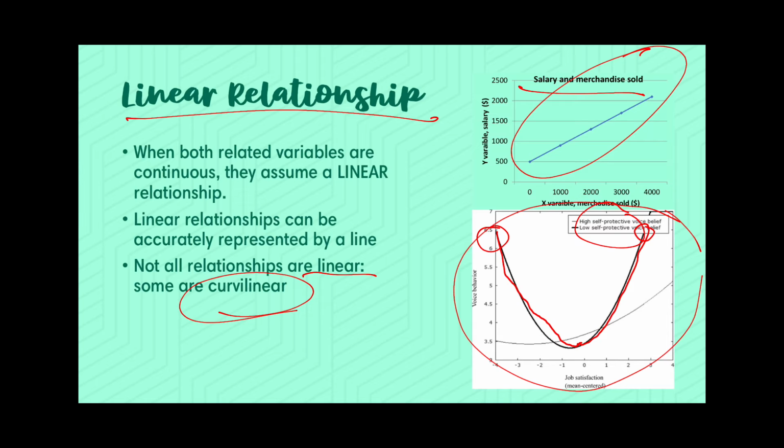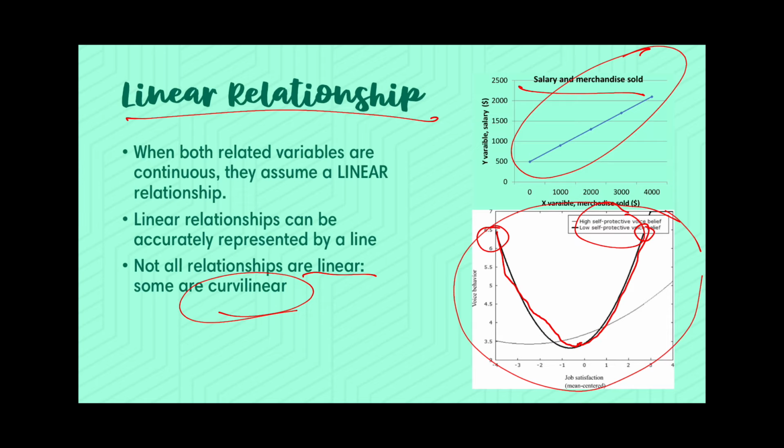Another example of a curvilinear relationship would be, throughout your life, if your x-axis is your years in life and your y-axis is the number of times you meet with your siblings. There's a study that shows that your proximity to your siblings when you are young is very high.